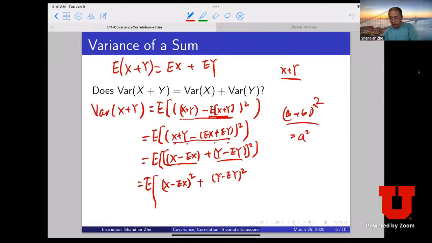You got a square, you got b square. What else do you have? Yeah, you got a 2ab, this cross term. So here, our a is x minus ex, and b is y minus ey. So when you do the expansion of this square, you're going to have a 2 times x minus ex times y minus ey.